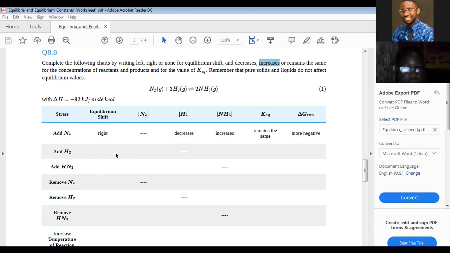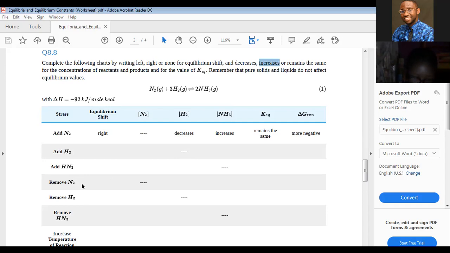What if we add NH3? Where will equilibrium shift to? To the left. What if we remove N2? Where will equilibrium shift to? To the left. To the left.